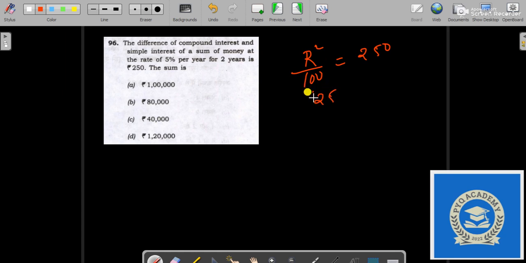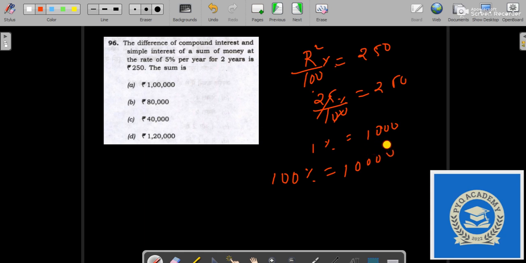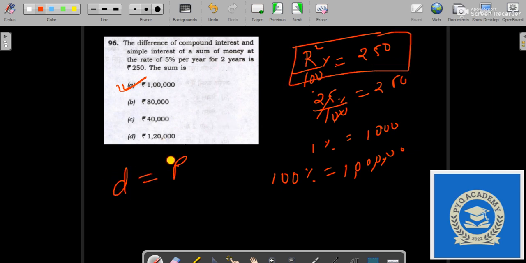So 25 by 100, that is 5%, equals 250. That means if we cut this by 4, 1% is equal to 250 into 4, that is 1000. So if 1% is equal to 1000, then 100% will be equal to 1 lakh. So our answer is option A. Remember this. The difference between CI and SI is nothing but P times the rate squared.